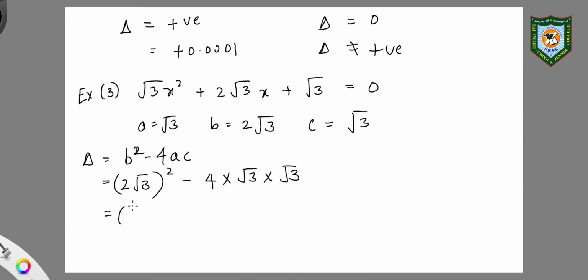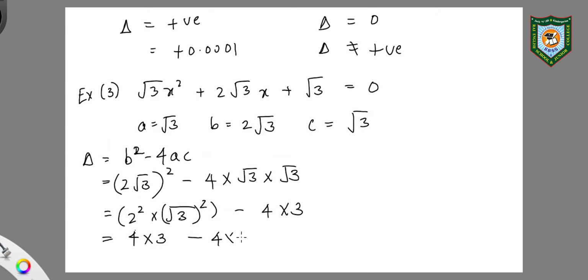Now this is 2 square into under root 3 square. What I did is I just opened the bracket and took the square sign inside the bracket. 4 into under root 3 times under root 3 is 3. So this is equal to 2 square is 4 and under root 3 square is 3. This is my 4 into 3 minus 4 into 3. This value is equal to 0.